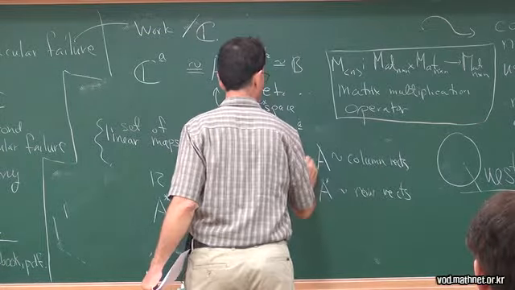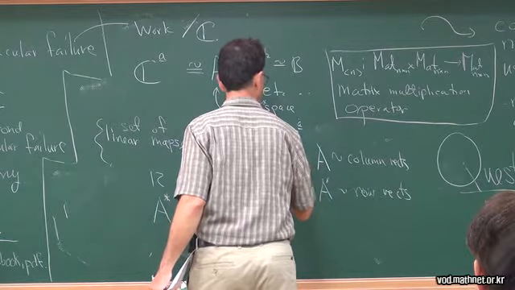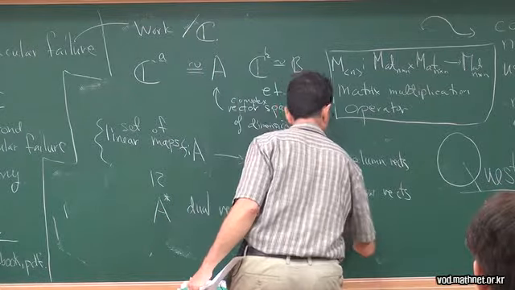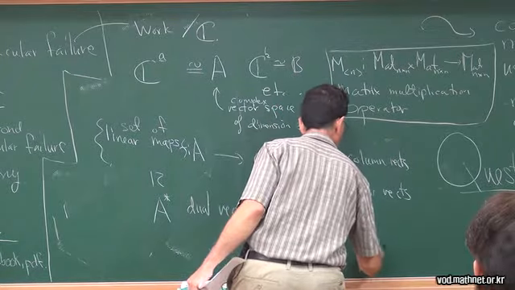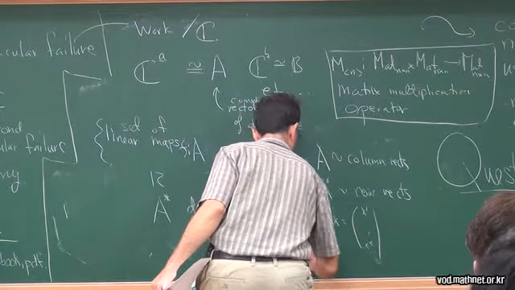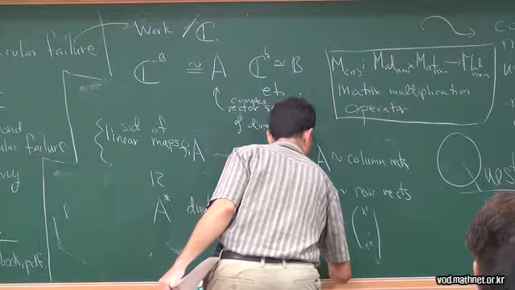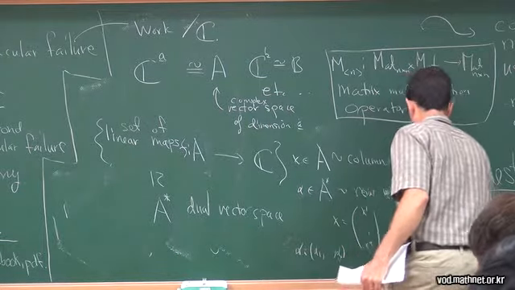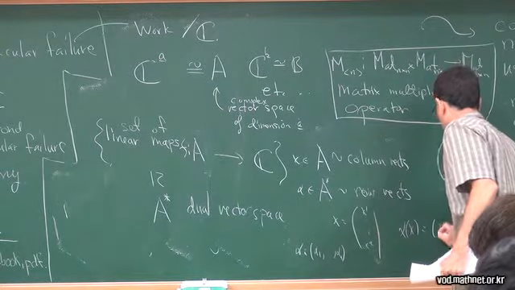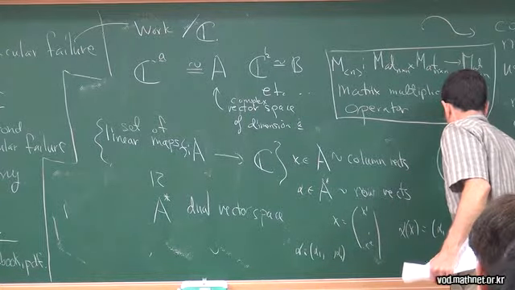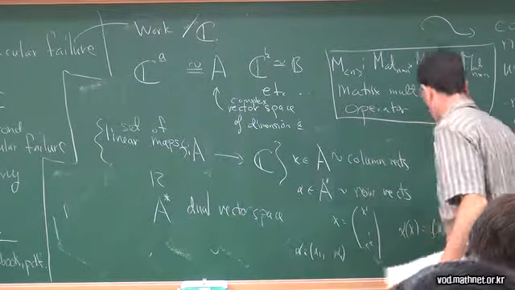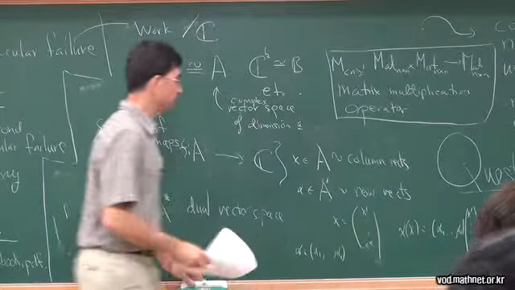So if we have x in A and alpha in A dual, if I write x as x_1 up to x_a, alpha as alpha_1 up to alpha_a, then alpha of x is just this product. Row times column, and it is indeed a number.